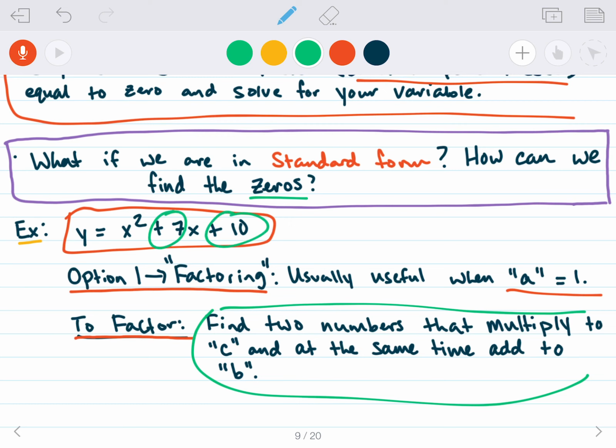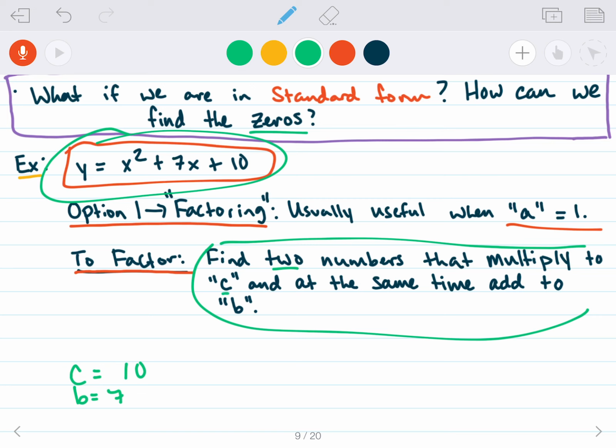What is our C? Our C is positive 10, and our B is 7 in this example up here. So what two numbers multiply to 10? All right, well, we have some options. We have 2 and 5. Let's explore our options. We have positive 2 times positive 5.